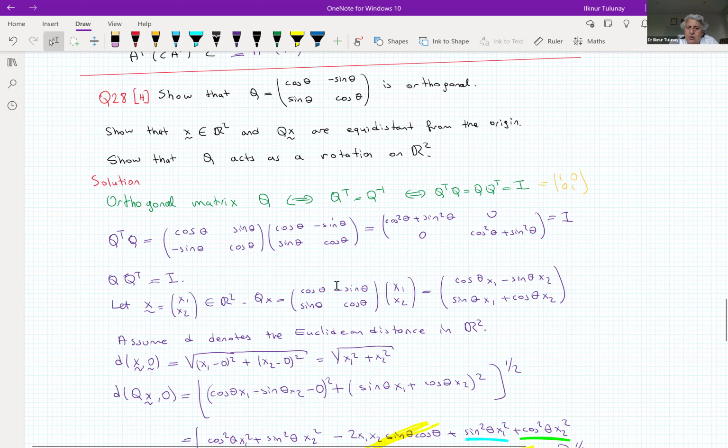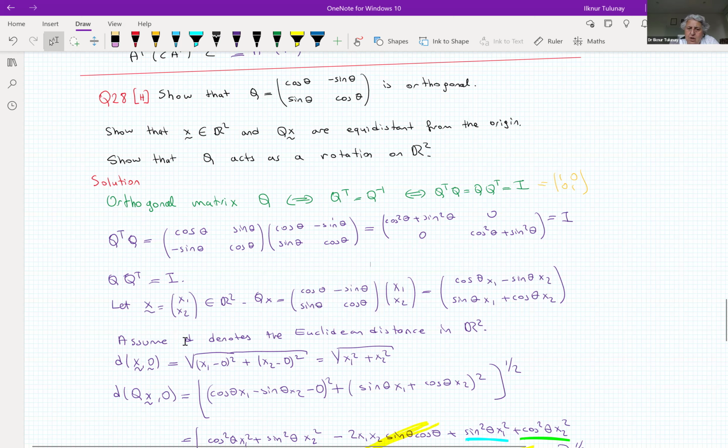Let's have a look. So this is Q times x. This times this and this times this will give us this entry: cosine theta x1 minus sine theta x2. And this row with this column will give me this entry: sine theta x1 plus cosine theta x2.